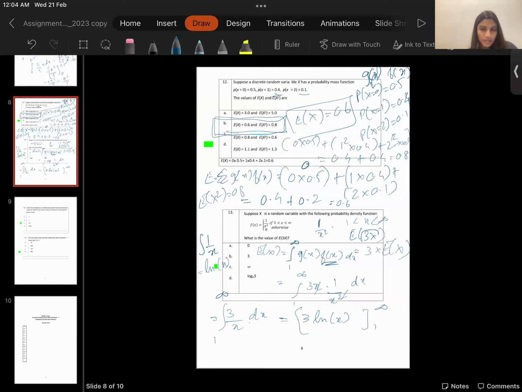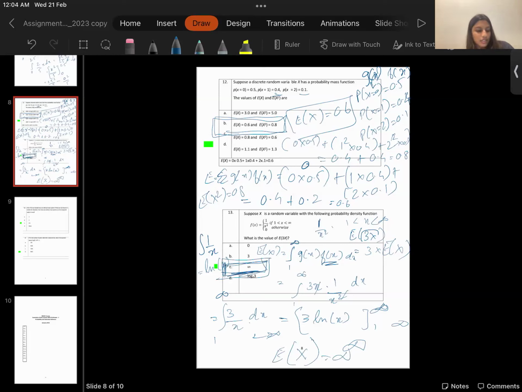When you apply this, the limit tends to infinity here. So ln of infinity would be infinity. So when you apply this infinity in this equation, your whole equation also becomes infinity. So the final answer, the expectation of x here, is infinity. So option C here is your correct answer.